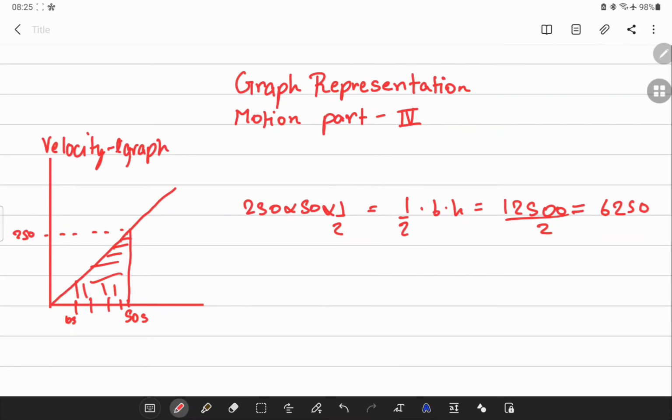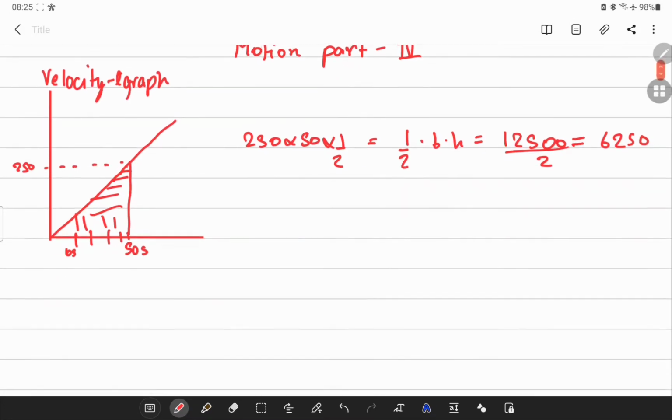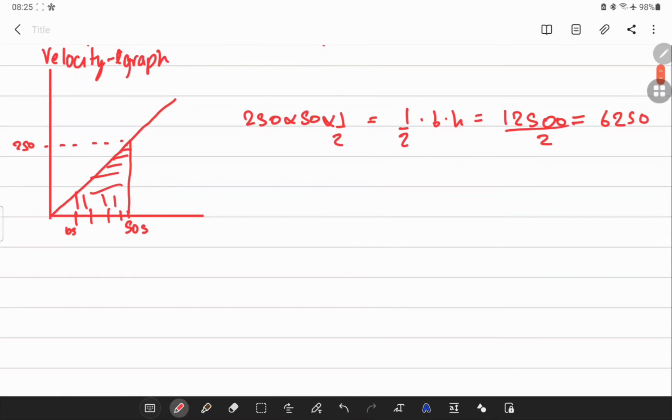So velocity time graph, yes. Also, if you need to find acceleration, this is velocity, just for information, and this is the time part. Acceleration is equal to velocity upon time.